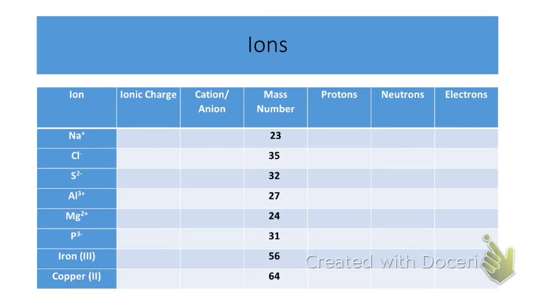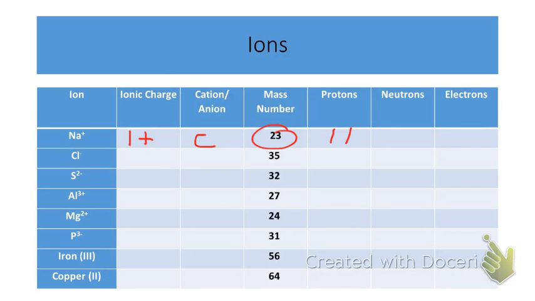Sodium ion, again, has a positive 1 charge, so we're going to indicate that in our table under ionic charge, 1 positive. It is a cation. I'm just going to put C for cation. It has 23 neutrons and protons. That's its mass number. If you use the periodic table, you will see that sodium has 11 protons. That's its atomic number.